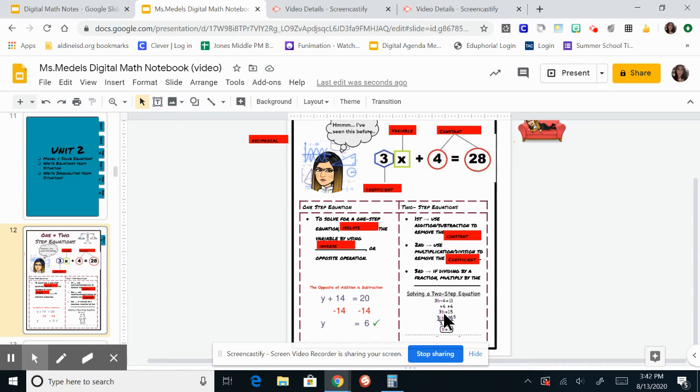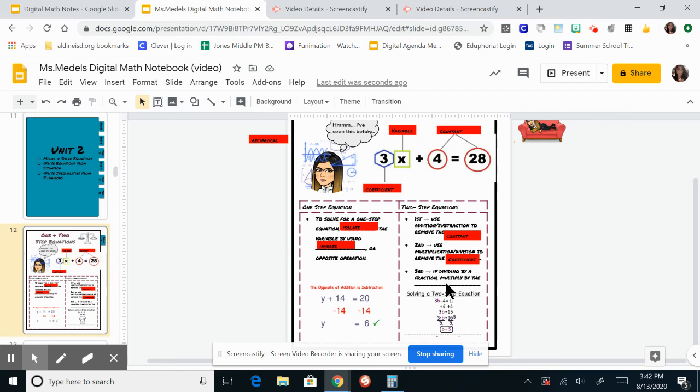So the opposite of multiplying, or the inverse, would be to divide. So we're dividing both sides by 3 so that I can make sure that my variable is isolated, or it's by itself. And what I do to one side, I definitely need to do to the other. So 15 divided by 3 gives me 5. So my answer is b is equal to 5.